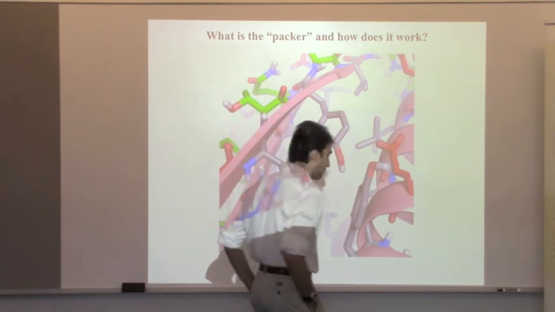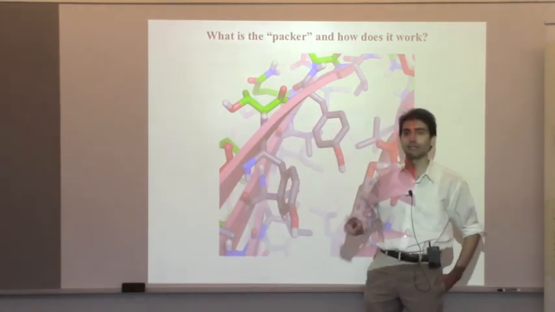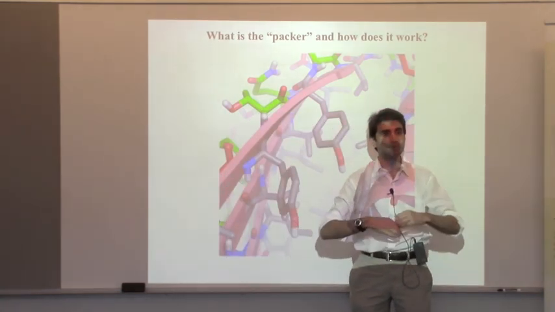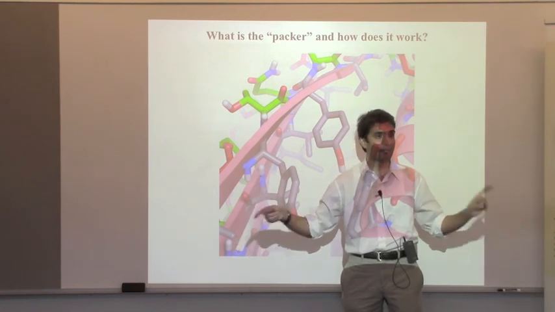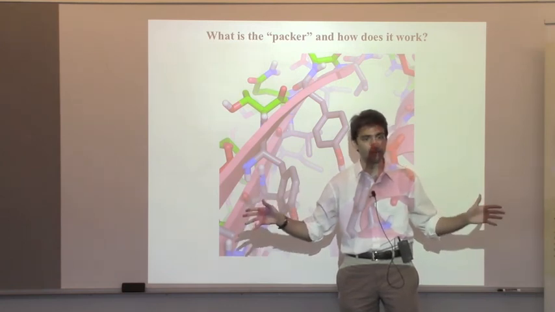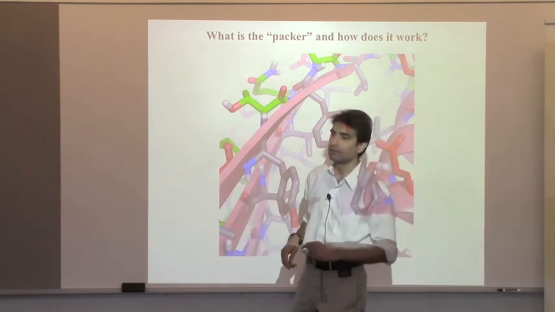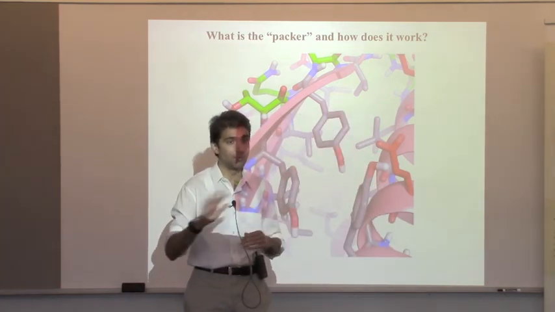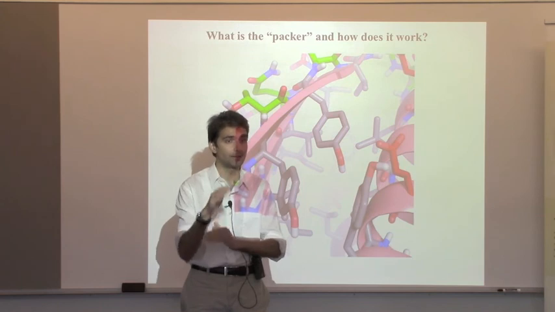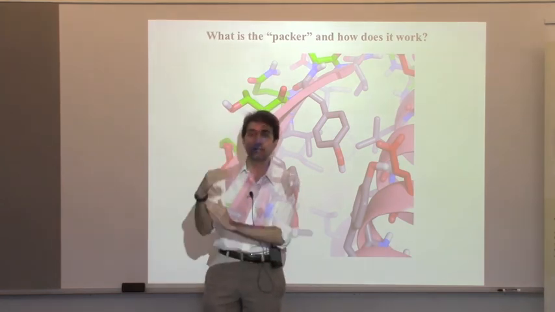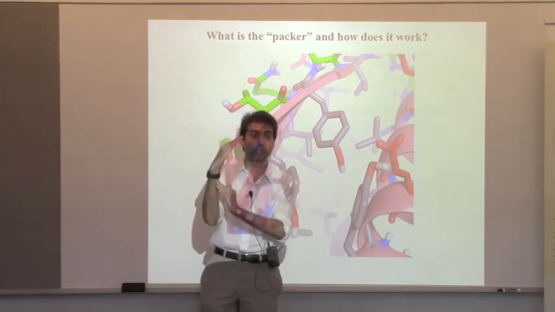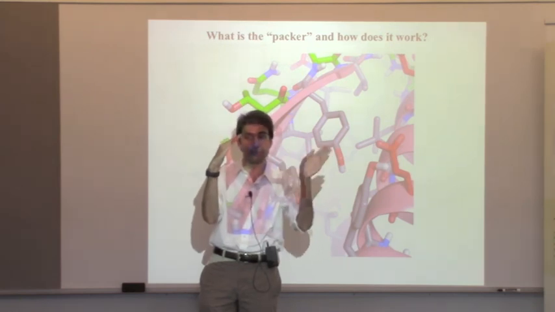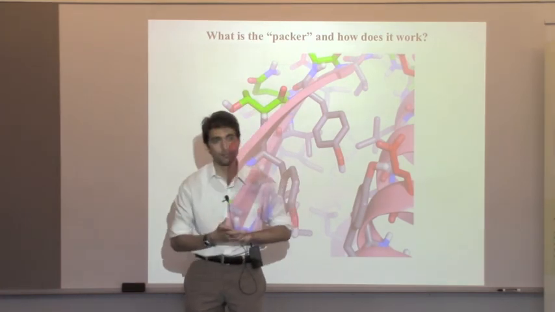Task operations are multiplicative. They can only say, don't do this. By default, the Packer does everything it can. It designs and packs. A task operation can say, don't design. So if you say don't design, the Packer will just pack. It can say don't pack, in which case at that position the Packer will just preserve the native rotamer and it'll only do rotameric trials at other positions.